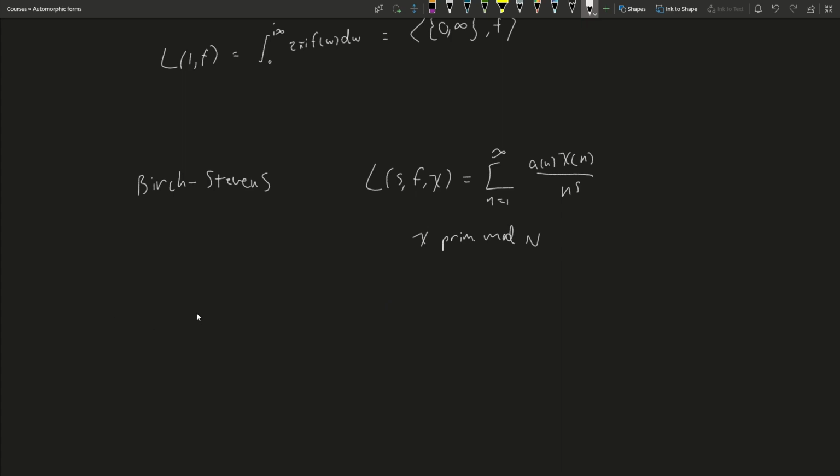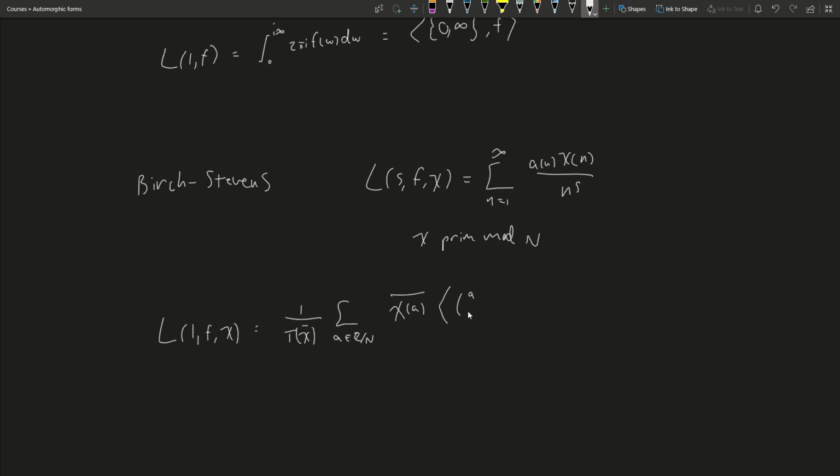And then you have the following identity, which is that L(1,f,χ) is equal to 1 over τ(χ bar) times the sum over a in Z mod N of χ bar(a) times, and now we've got this modular symbol, so here I'll write just the matrix and we'll understand how this goes.